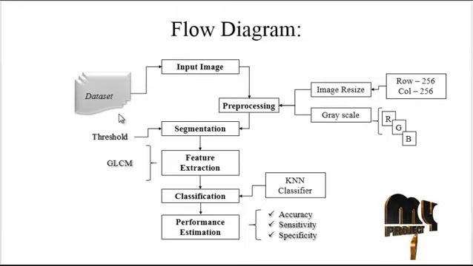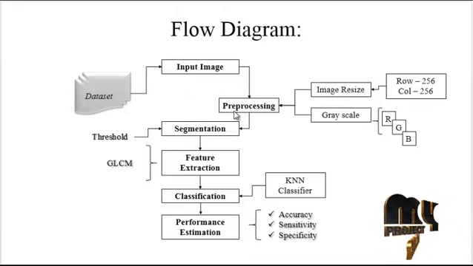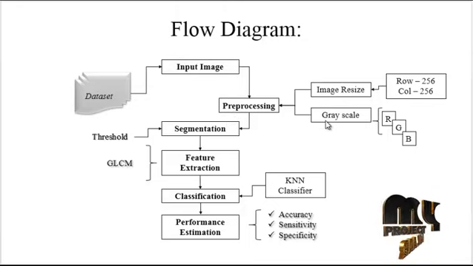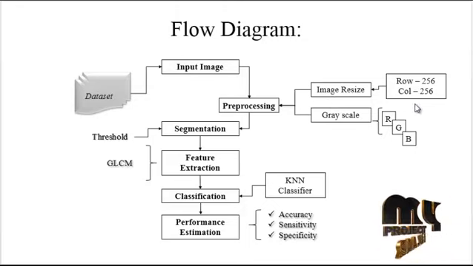After getting any one image from the dataset, we go to pre-processing. In this pre-processing, there are two steps. One is image resizing, and the other is grayscale conversion. In the resize step, we resize the image to a particular size of 256 by 256, which means the number of rows will be 256 and the number of columns will be 256.